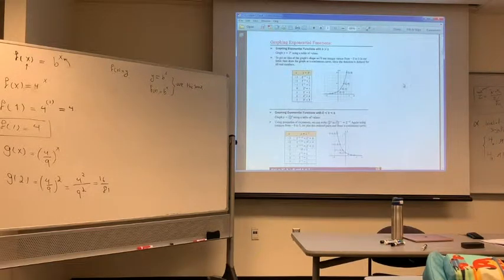Okay, so the graph of these functions, the exponential function. Oh, look at this. It says y equals b power x, right? That's why I said either we can have f of x equals b power x, or we can say y equals b power x.